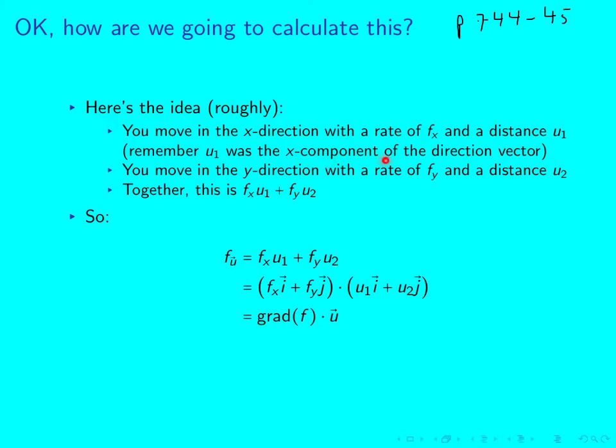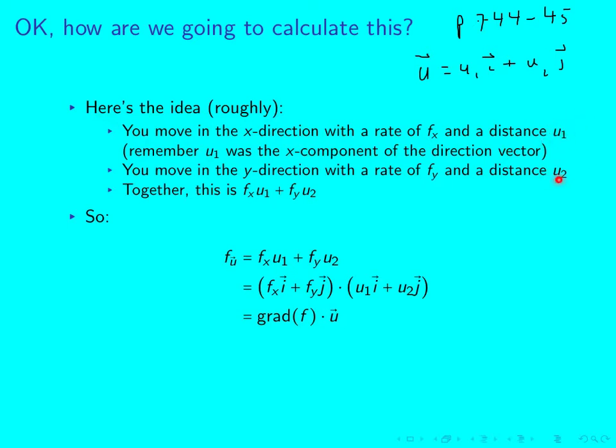And similarly, the component of your motion in the y direction has a rate of change given by the derivative with respect to y, and you move a distance u2, which was the component given by the unit vector giving the direction. Let me remind you what the direction vector was. It was u1 i plus u2 j. And so that's where this u1 and this u2 come from.